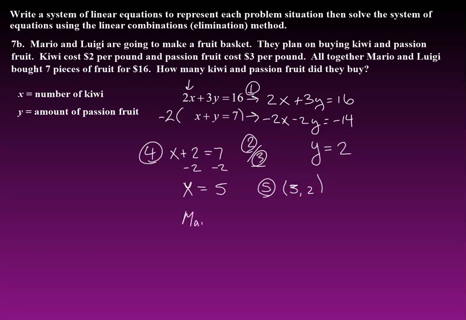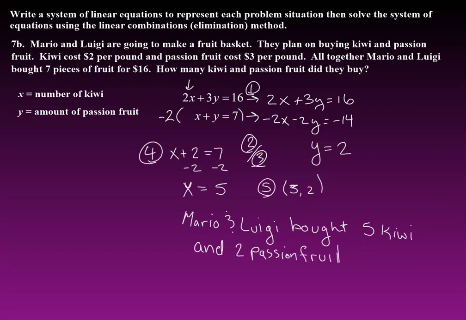So Mario and Luigi bought 5 kiwi and 2 passion fruit. And that's how we solve problem situations using linear combination.